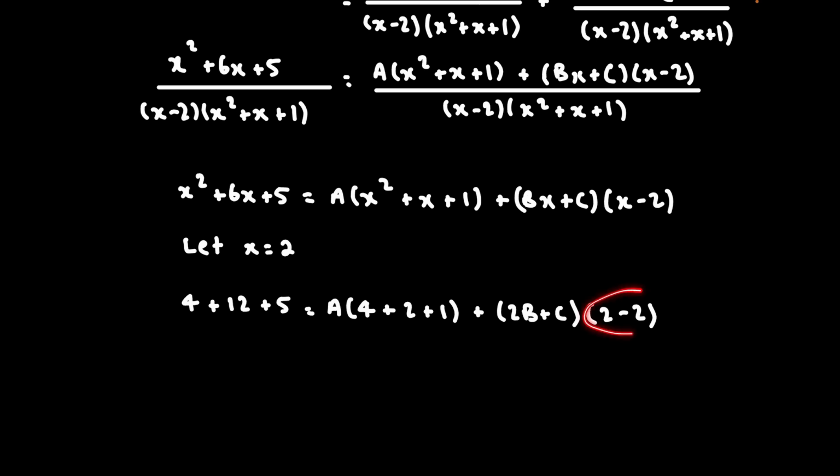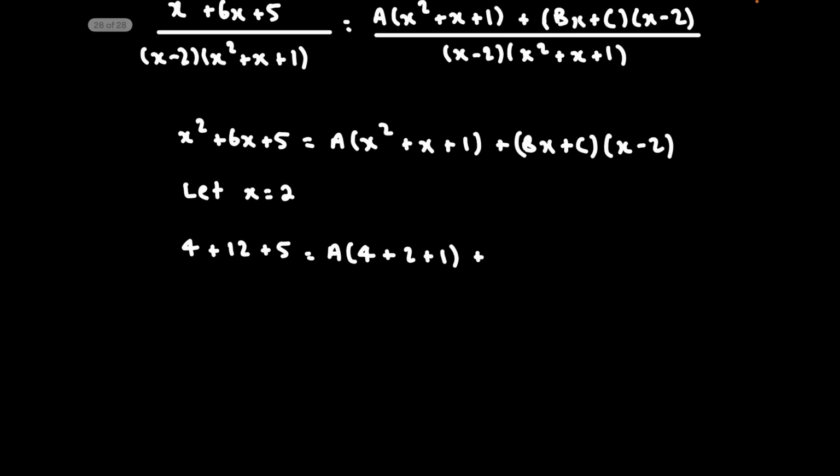And you can notice that the 2 take 2 is just 0, so 0 times all this just cancels out. And I can just start simplifying. 4 plus 12 is 16, plus 5 is 21, equals 4 plus 2 plus 1, which is 7a. That means that a is simply equal to 21 divided by 7, which is 3. That is one of my solutions right here.